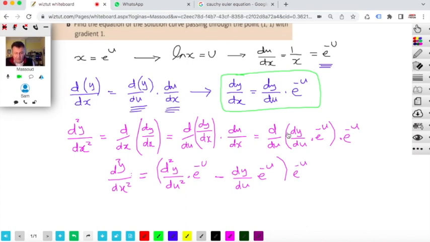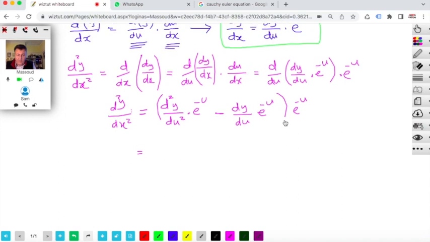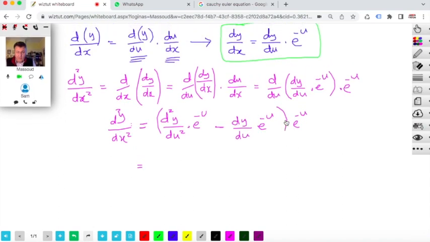So if I just finish this off and simplify it, I want to keep both of these in view.